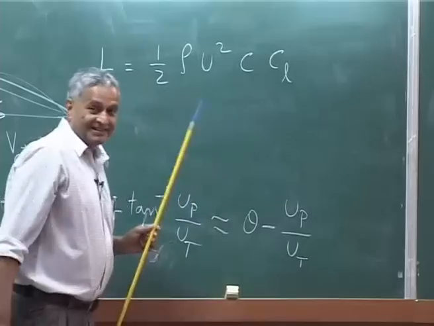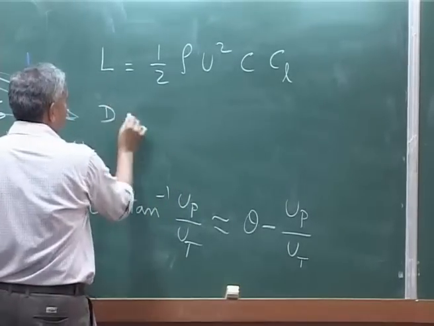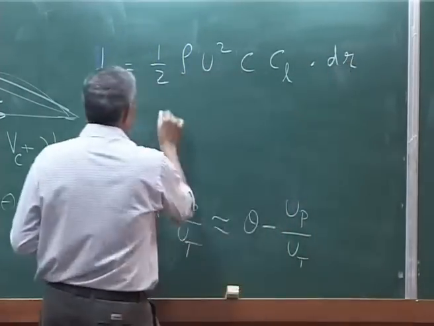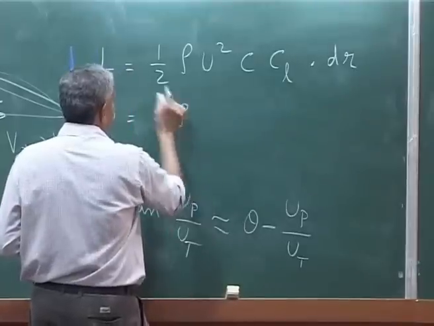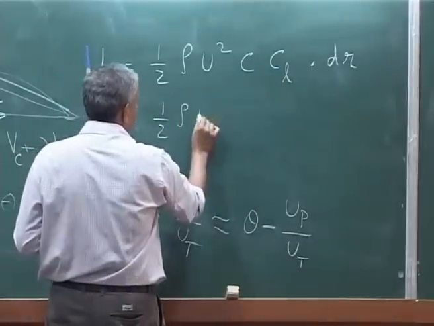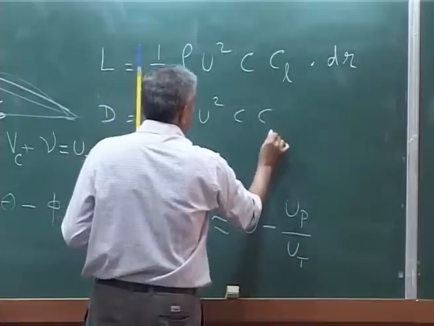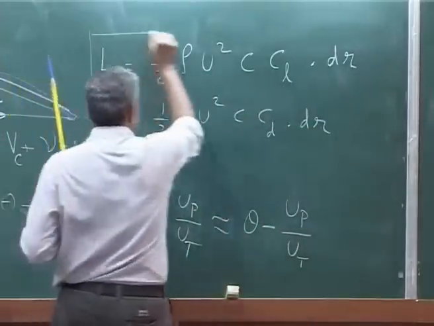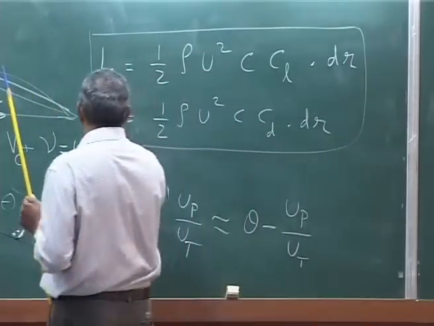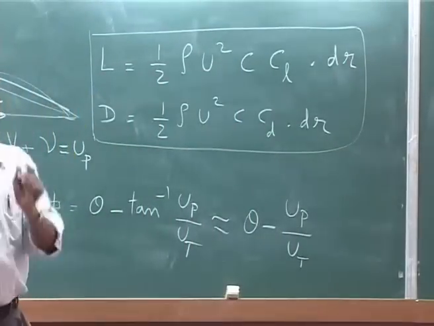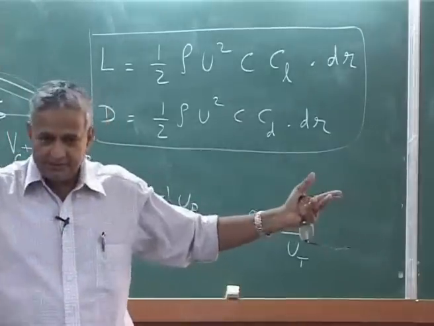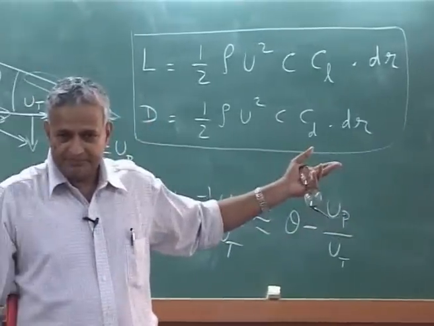This is lift, and the drag will be, if you want, you can put a dr, half rho u square c CD, this is per unit span. This is my lift and drag at any small element. Now, if I want to get the total lift, I need to go and integrate, that is all.